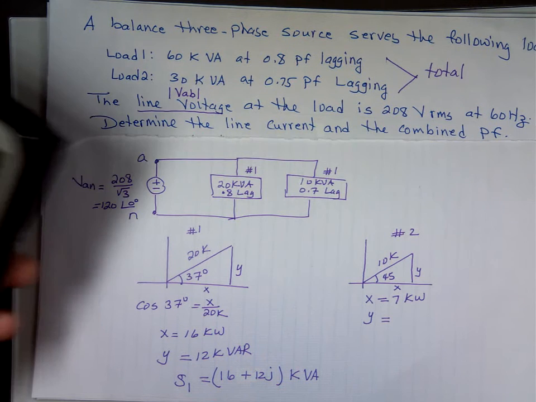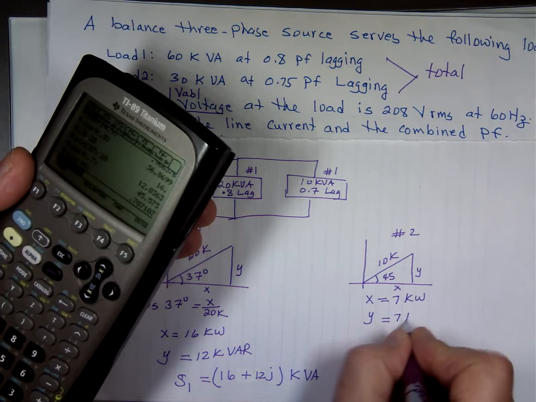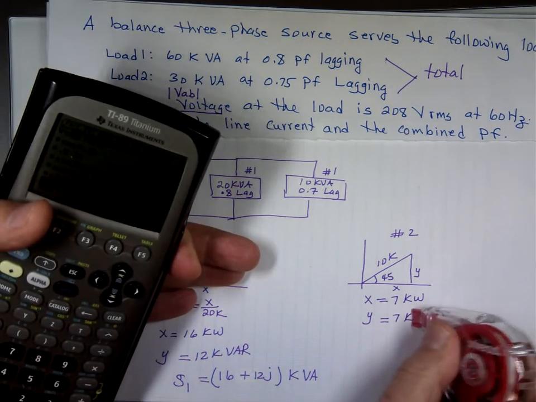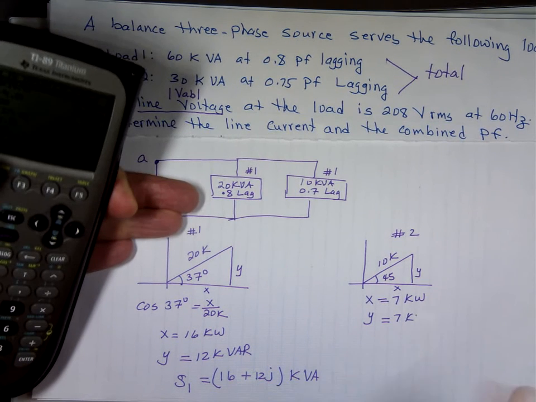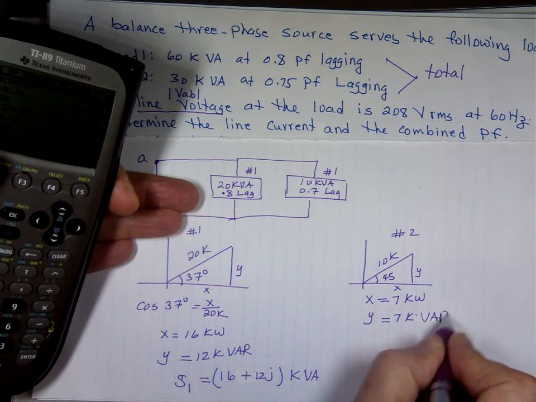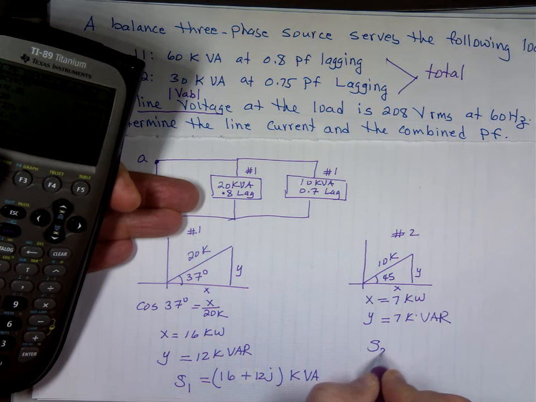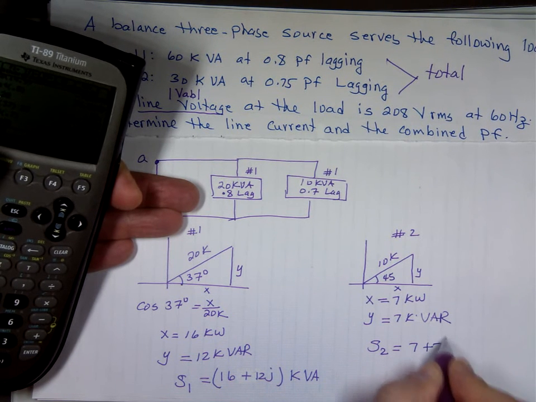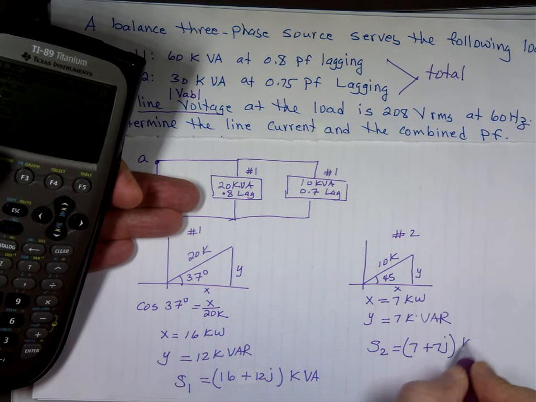You multiply it by 10, that's a 7 kVAR. So S2 here is going to be 7 plus 7j, the imaginary one, kVA.